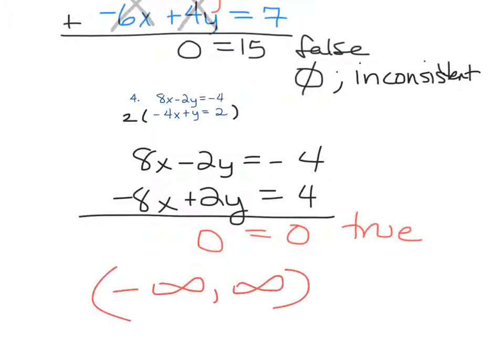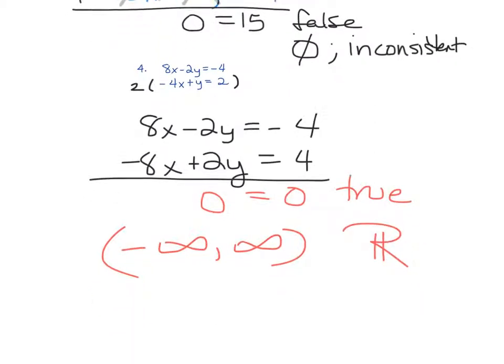So you could write it as negative infinity to positive infinity. You could put this capital R with the 2 lines going down. You could even write out all real numbers. Just indicate that this is all real numbers or infinitely many solutions.